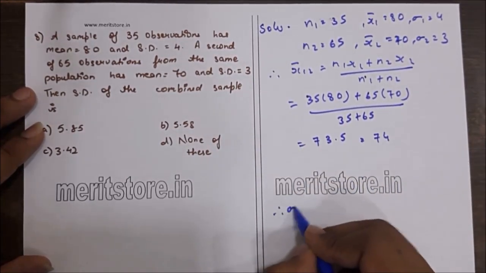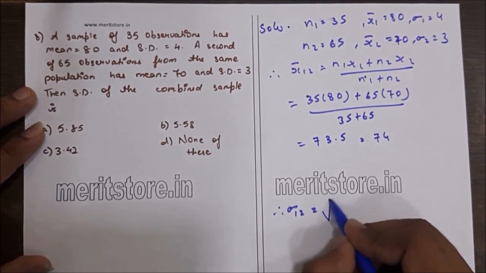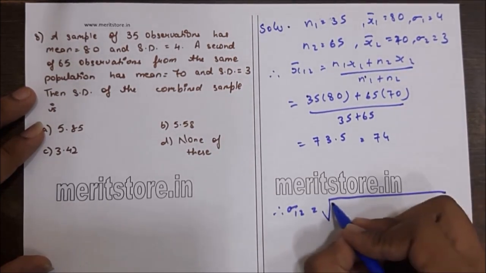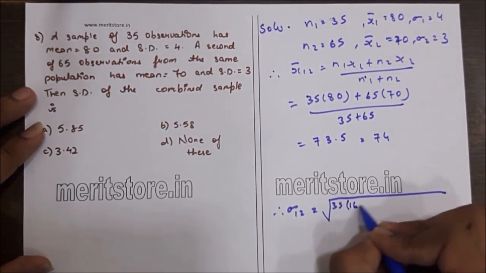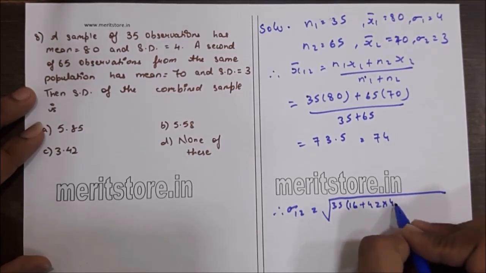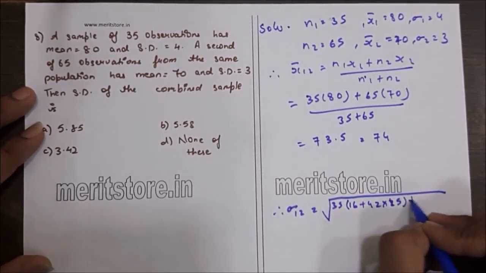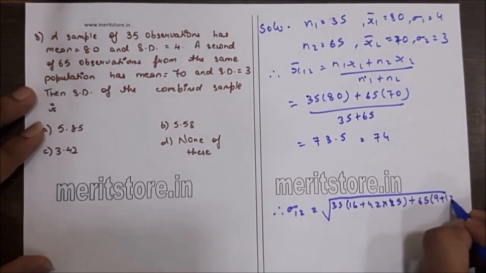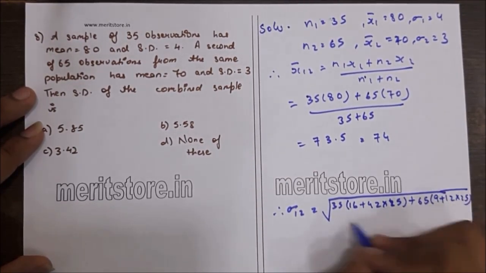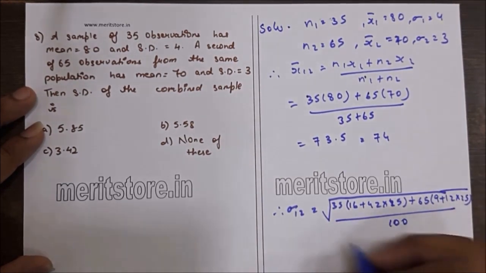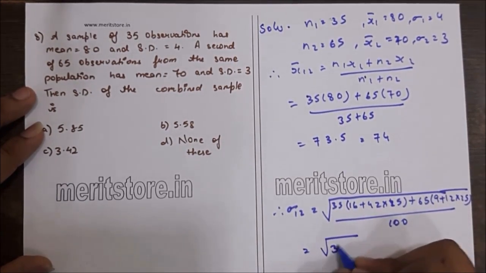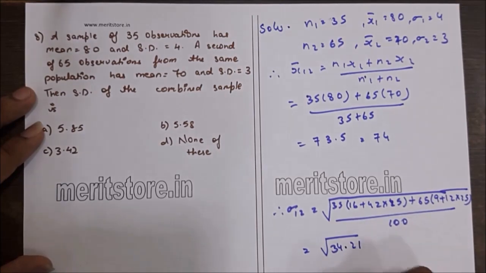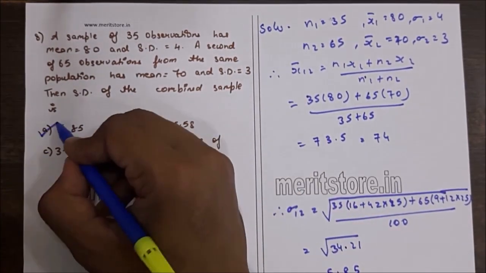Therefore sigma 12 is equal to root of 35 into 16 plus 42 into 25 plus 65 into 9 plus 12 into 25 upon 100, that is equal to root of 34.21, that is equal to 5.85. Therefore option A is correct.